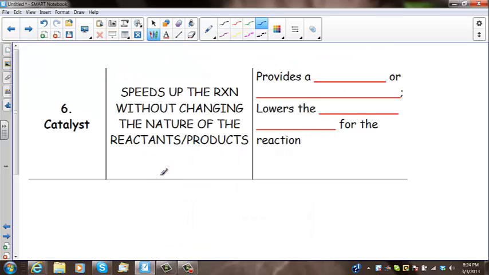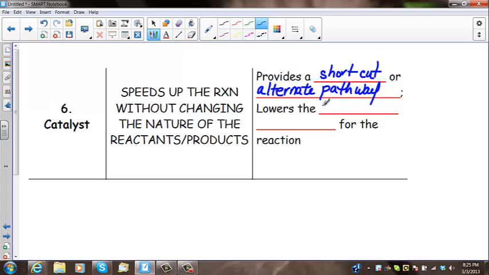And 6, a catalyst. A catalyst speeds up the reaction without changing the nature of the reactants or the products. It provides a shortcut, if you will, or alternate pathway for the mechanism.